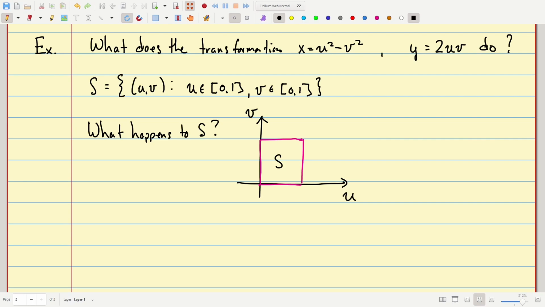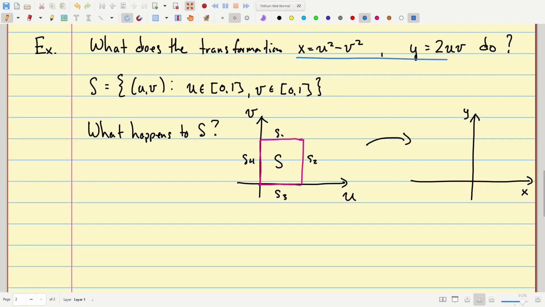Okay. We need to figure out what we're doing here. Okay. So if we label these sides so that we can figure out what's going on, all right. If I look at this transformation, is this transformation continuous?